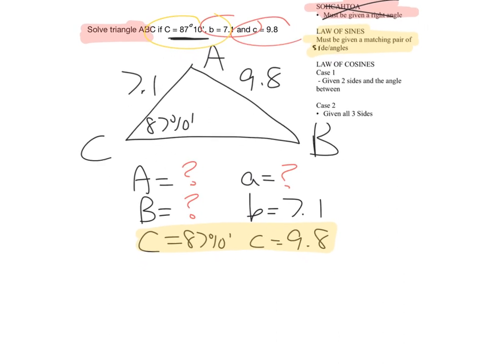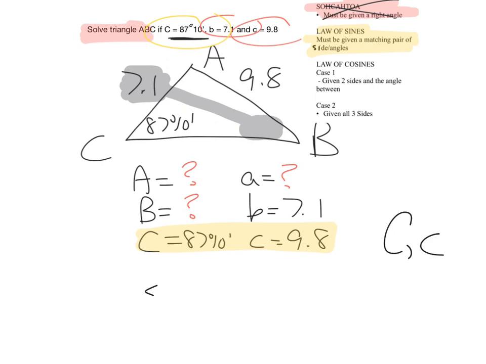Here our matching pair are our C's, and the other piece of information we're given in this problem is side B is 7.1. So I'm going to first find angle B by using the law of sines.